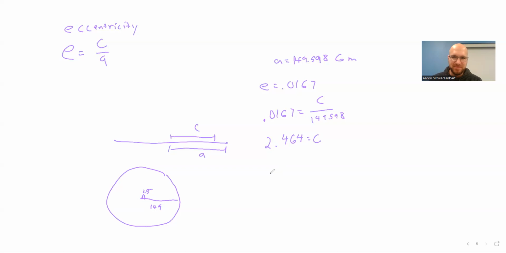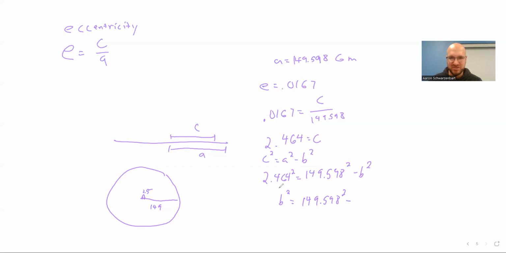To get B, I know C squared equals A squared minus B squared. 2.464 squared equals 149.598 squared minus B squared. Here's what I'm going to do to solve this. I'm going to subtract B squared from both sides and subtract 2.464 squared from both sides. So essentially, I'm going to swap those two.